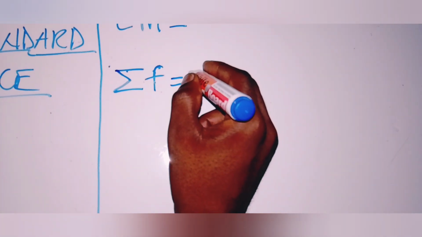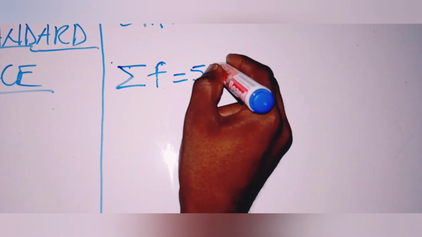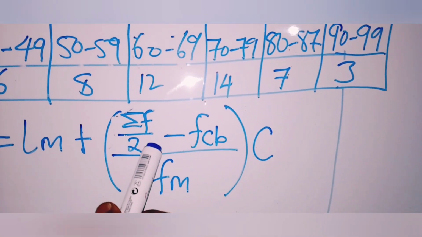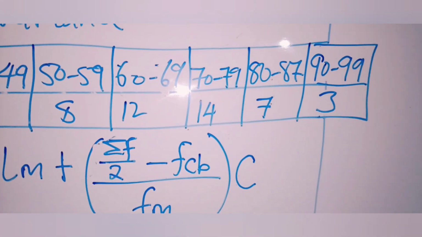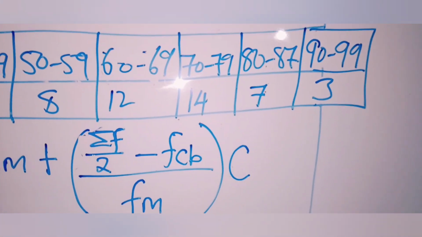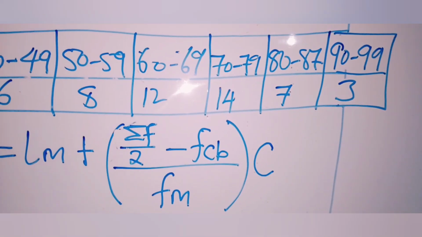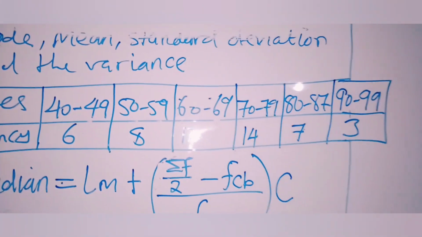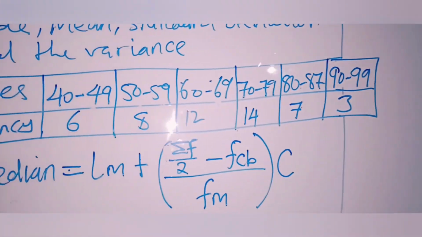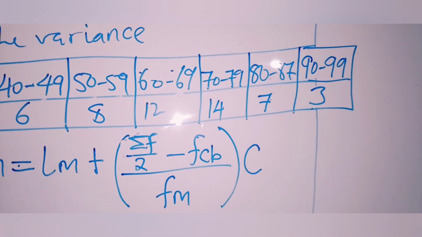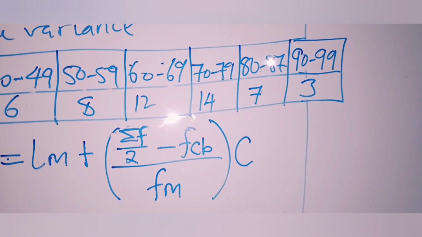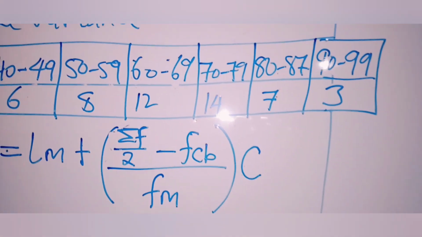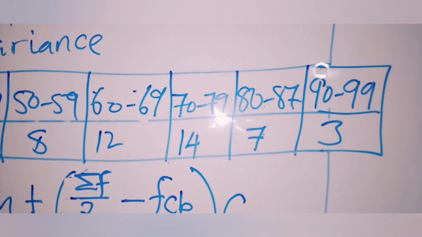So this is equal to 50, and then that 50 you have to divide by 2. Now it is giving us 25. So that 25, we have to know now where we stand, to find the frequency of the median.